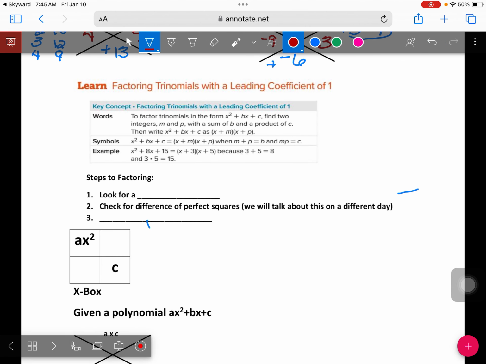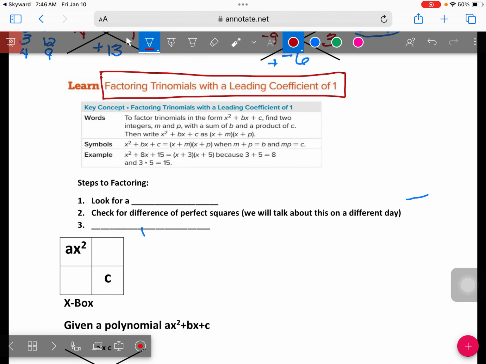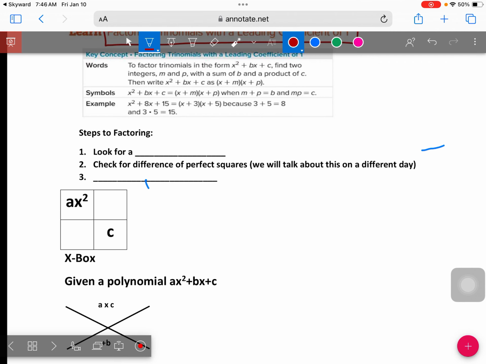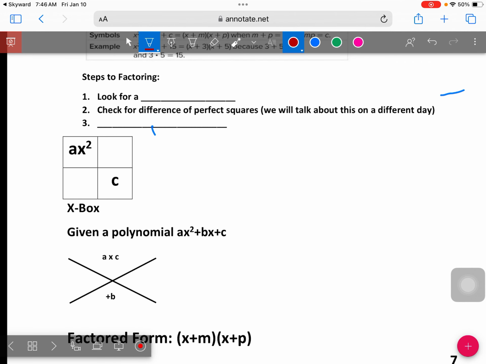So, factoring trinomials with a leading coefficient of 1. Okay. So let's see. To factor trinomials in the form x squared plus bx plus c, find two integers, m and p, with a sum of b and a product of c. That's kind of what we were just talking about. So this is important.